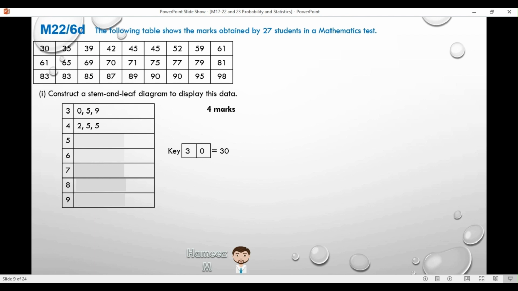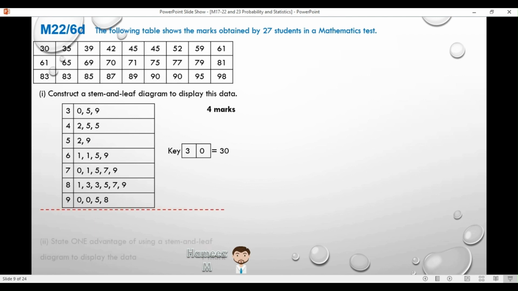And with a stem of 5 representing 50, we have 52 and 59. So we should see 2 and 9. In the 60s, we have 61, 61, 65, and 69. In the 70s, we have 5 of them, 70, 71, 75, 79, then the 80s, and of course the 90s. So this shows our stem and leaf diagram.